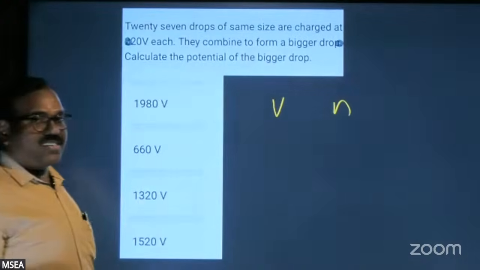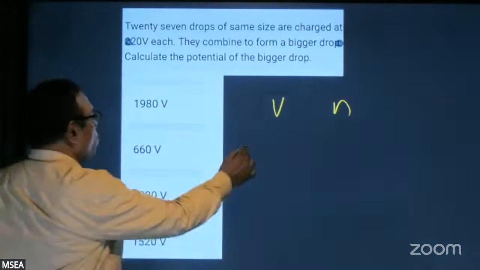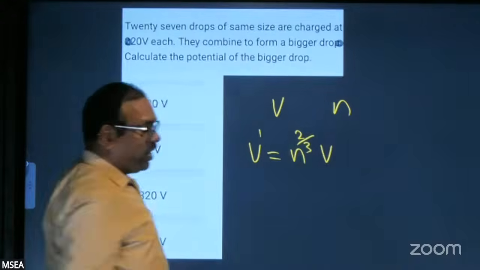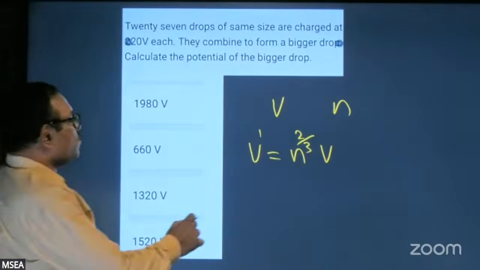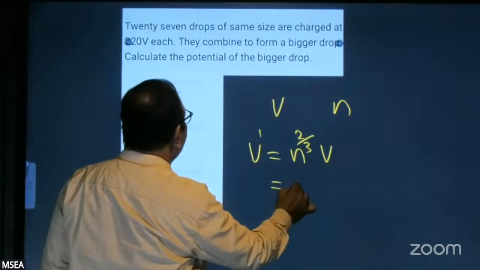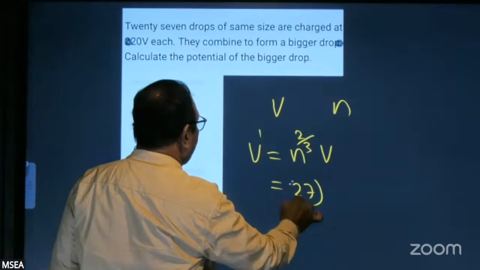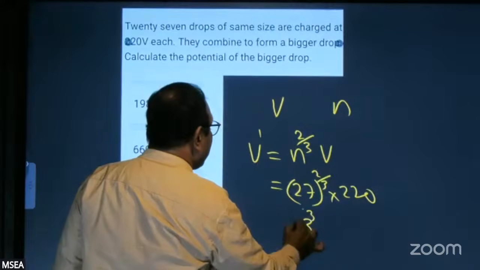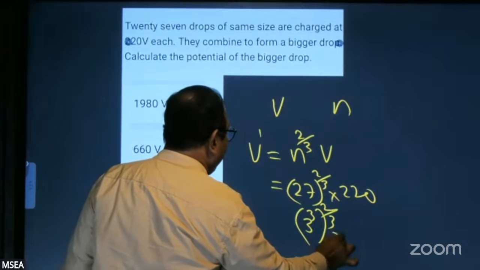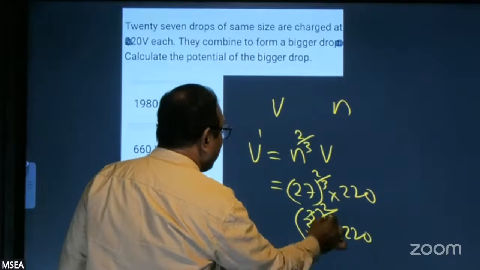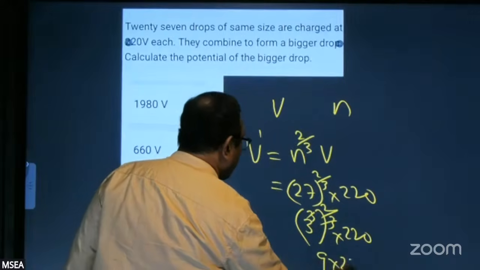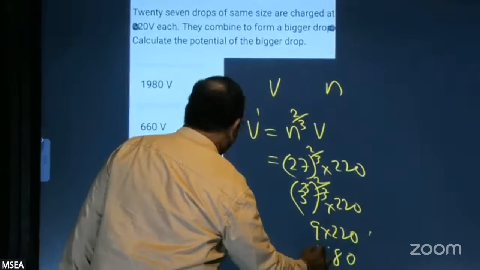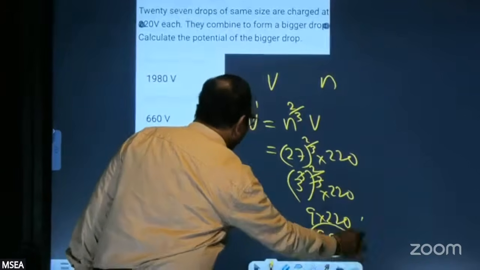Then the total potential is N power 2 by 3 into V. You have to remember this. So 27 to the power 2 by 3 into 220. That is 3 cube to the power 2 by 3, into 220, which gives 9 into 220, which is 1980 volts.